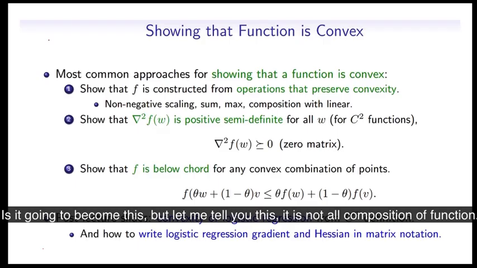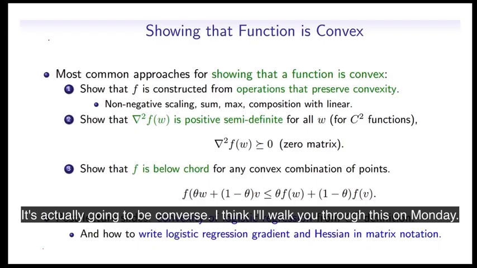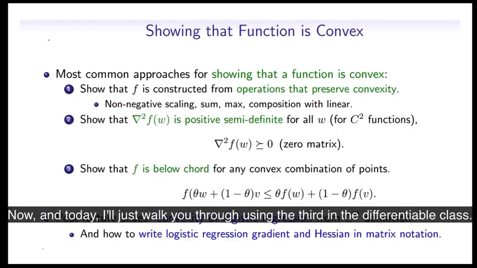But let me tell you this, it is not all compositions of functions that are convex, but if you are doing the composition with a linear map, it's going to be convex. I think I walked you through this on Monday. And today, I just walked you through using the twice differentiable class.